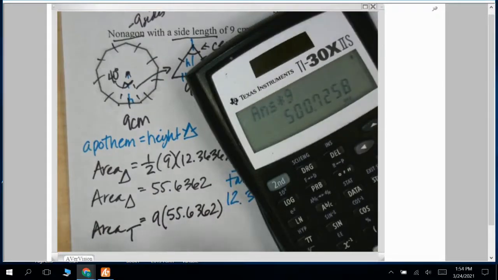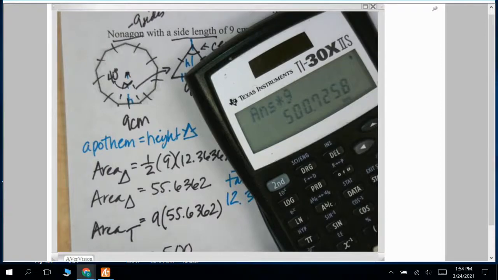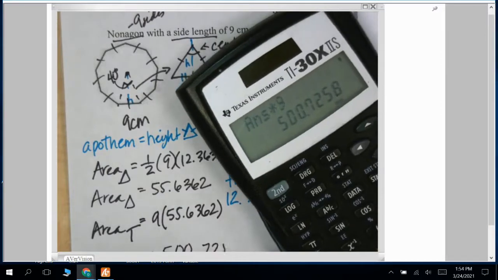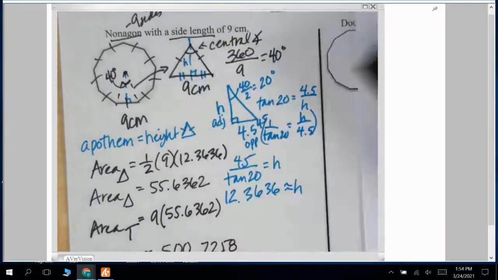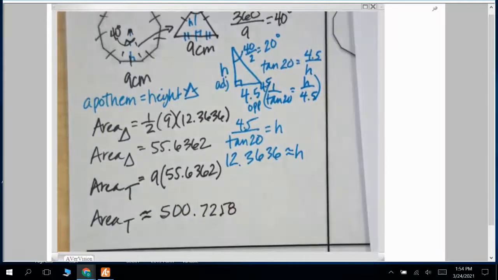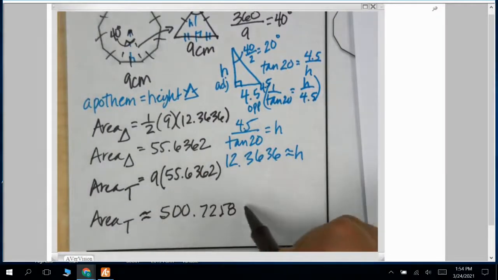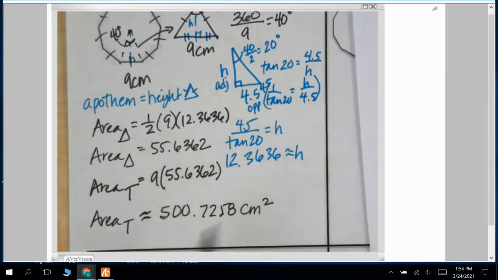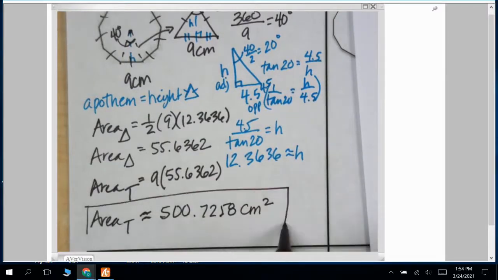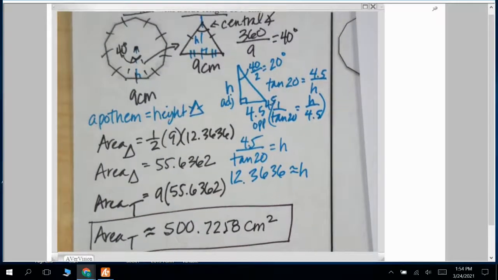And the area of my nonagon, or the area of the total, is roughly about 500.7258. And this is where I care about my units. My label is centimeters, so it is centimeters squared. And there I am.